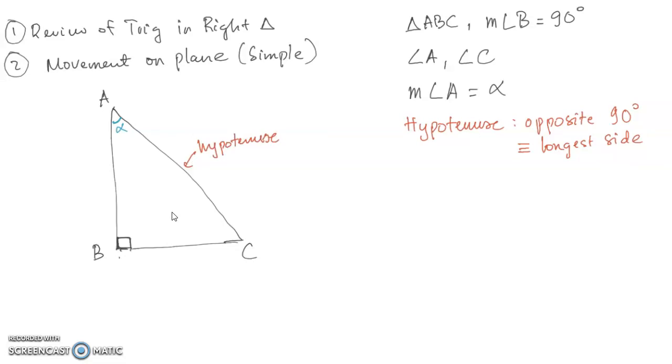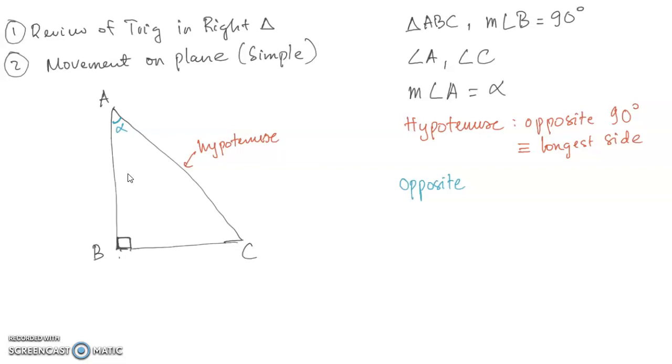All right, now there are two other items that I want to introduce you to. One is the opposite side, and the other is the adjacent side. When we talk about opposite, you have to think about the location and a reference: opposite to what, and adjacent to what?